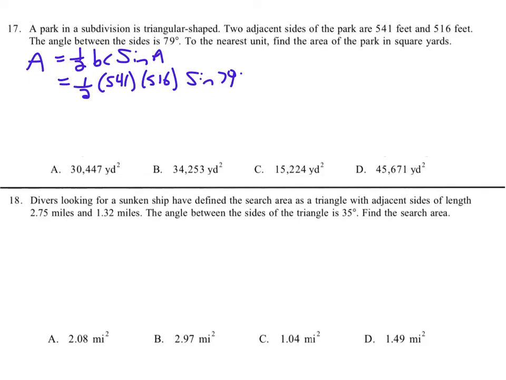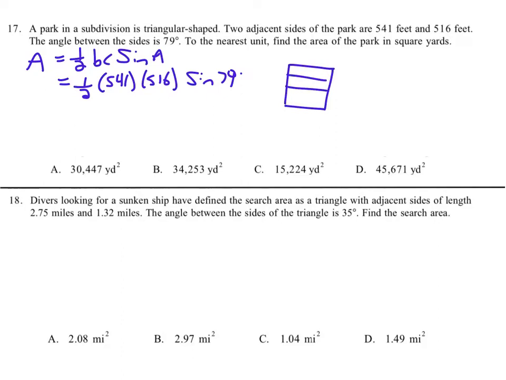Interesting. Okay, so they gave it to us in feet, but now we need to convert it into square yards. So let's look at how many feet are in a yard. Every 3 feet is a yard.